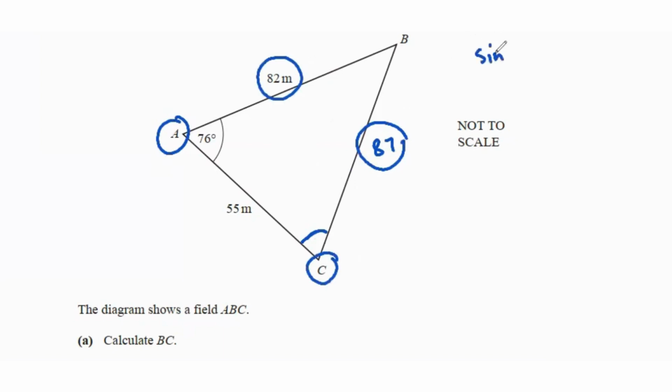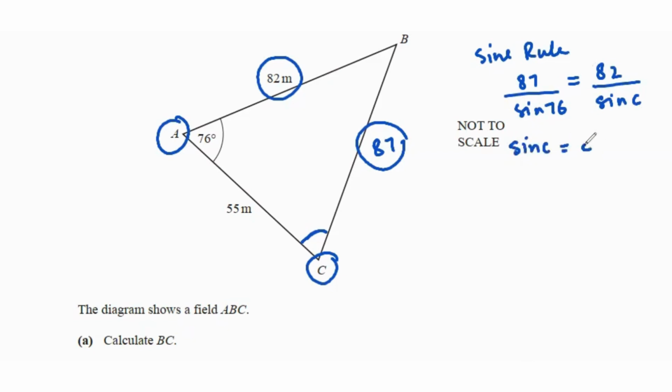So now we'll use sine rule, which will be 87 over sine 76 equal to 82 over sine of angle C. As you can see, if your previous answer wasn't correct, then your next answer would also be wrong. So you have to be very careful in solving each of these parts, because as you can see, they're all connected. So it's going to be sine C equals 82 times sine 76 over 87.